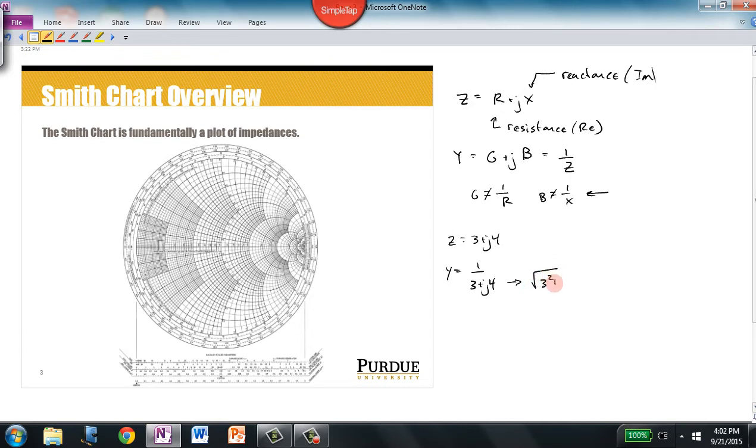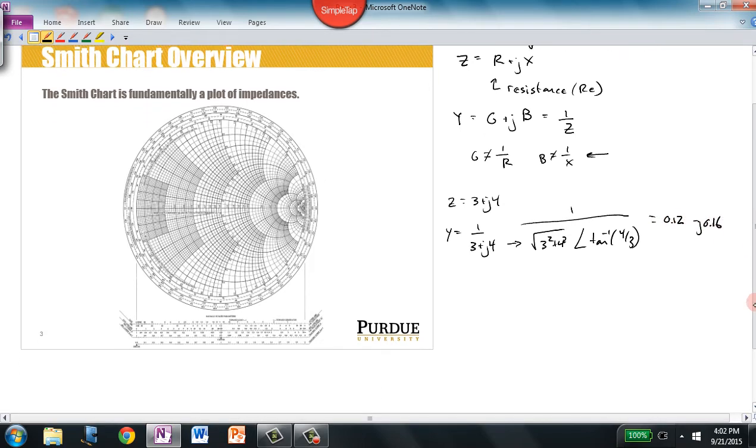It's the square root of 3 squared plus 4 squared at an angle of inverse tangent of 4/3, being sure to keep track of what quadrant you're in. Anyway, if you were to determine the value of that, you're going to get 0.12 minus J0.16.